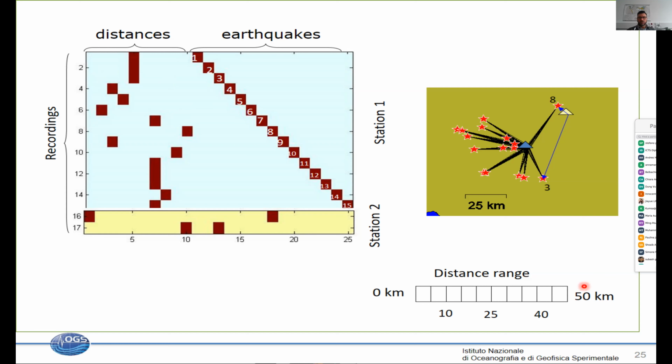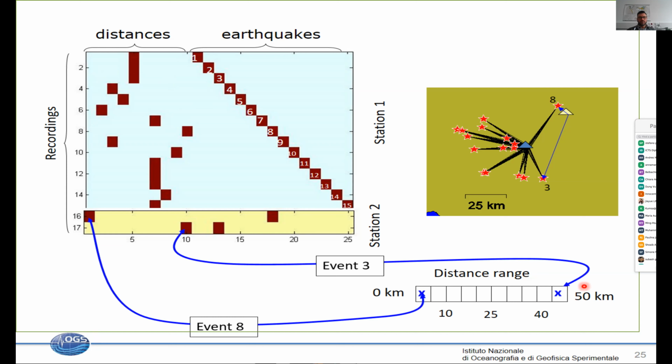So when station 2 is now recording the event at 3 kilometers, you see this is the second station, which bin will be filled? Okay, the first bin, because it's the bin between 0 and 5 kilometers.